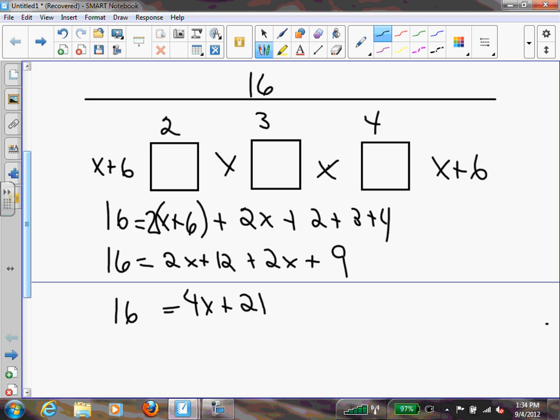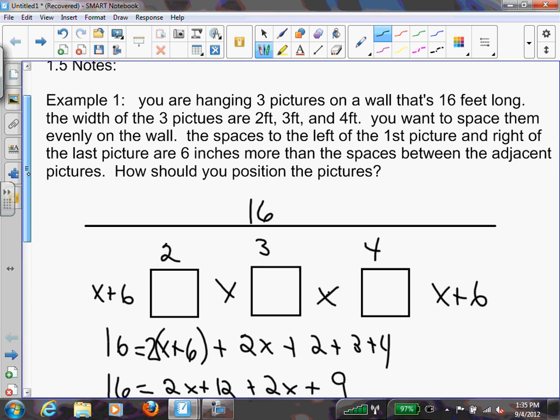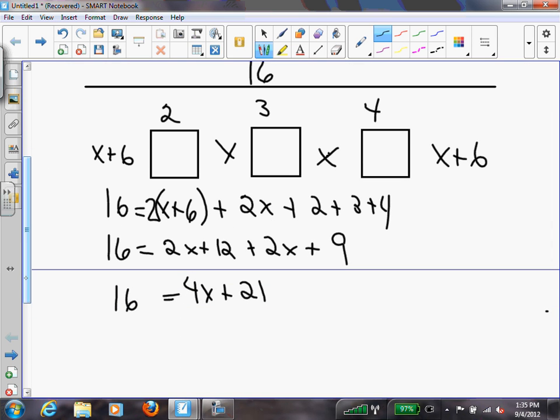Did I do something wrong? Why did I think I did something wrong? I'm going to get a negative value for my x, right?